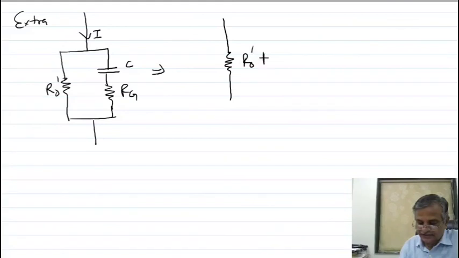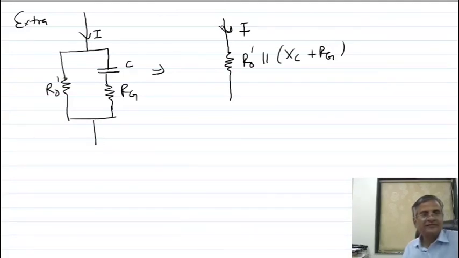RO dash parallel XC plus RG. Current is here I. Say this current is I1.